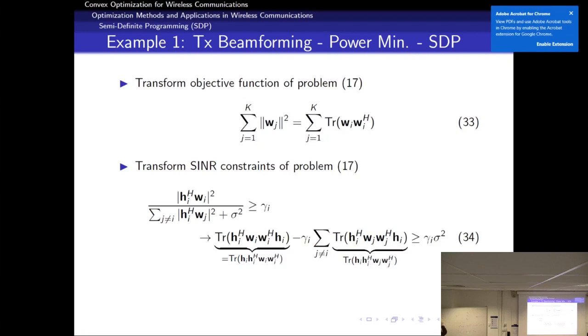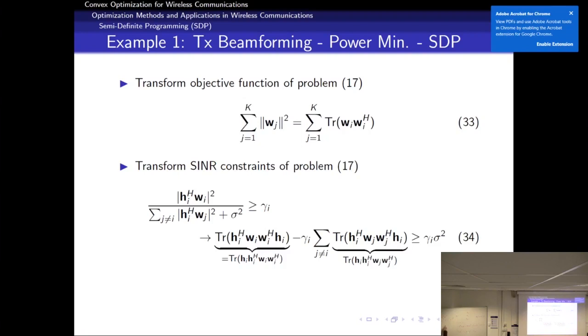This quantity is the same as H_I Hermitian, W_I, H_I Hermitian conjugate, essentially. Sorry, H_I Hermitian, W_I conjugate. So this is the same as H_I W_I Hermitian H_I. Or I could even say this, it doesn't change anything.